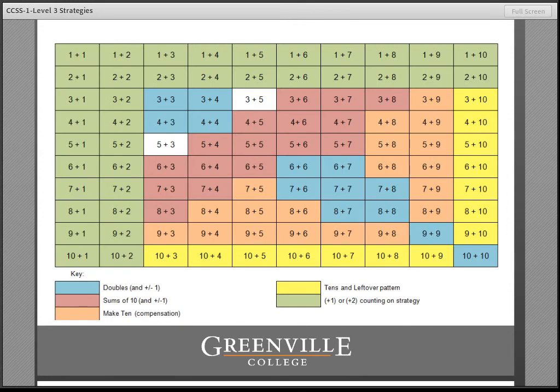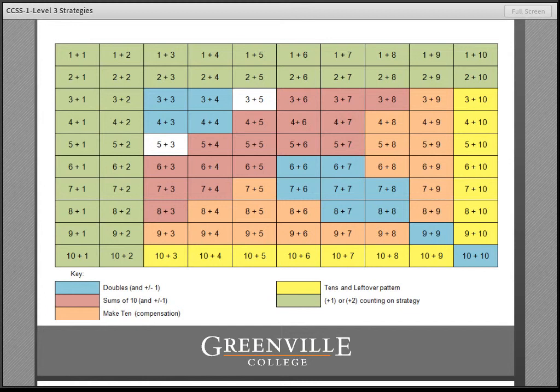Here you see all of the addition facts that first graders are expected to master. Essentially, you can see by the color coding that instead of memorizing a multitude of facts individually, they essentially just need a small set of level 3 methods in order to competently learn all of these facts. The green facts are simply level 2 counting on facts.